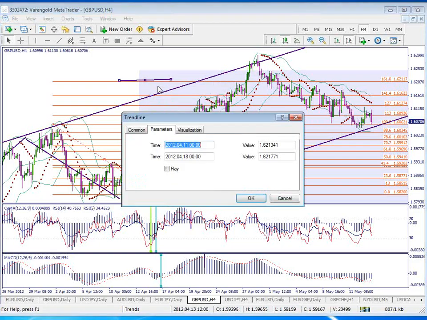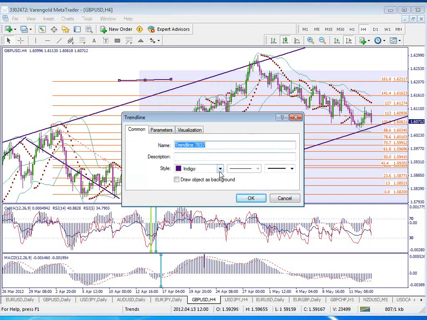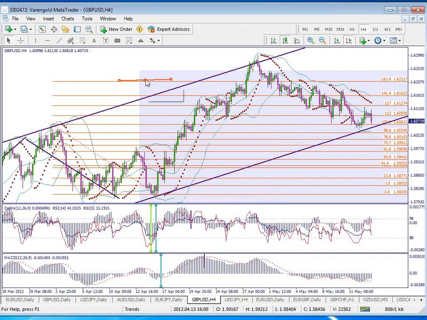I will change the color of the trend line. So my first target will be here. And if I don't have a strong retracement from this area, in this area 100, it can be one retracement up to 70 or 61.8.